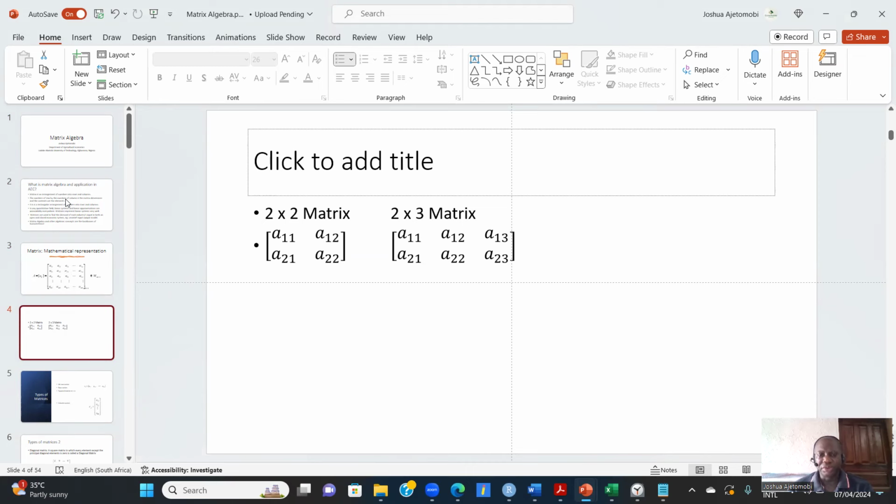And for a 2 by 3 matrix, that's 2 rows, A11, A12, A13, A21, A22, A23, and 3 columns, A11, A21, A12, A22, A13, A23. Please take note because often many students confuse column with row, particularly when the dimensions are not equal.